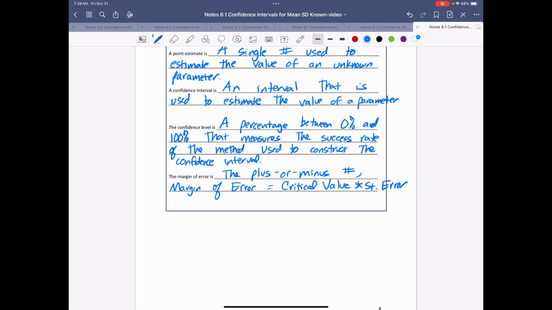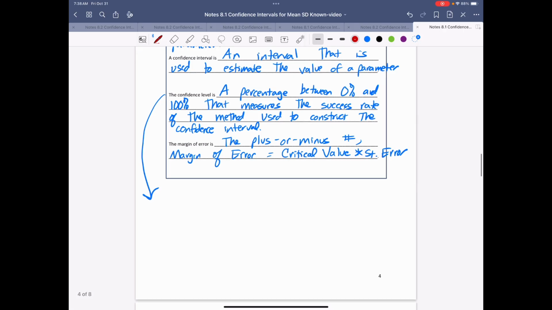Now let's talk about this confidence level again. Say that we all made confidence intervals and we took samples of 50 males at SU and found their average height. And we made intervals that were at a 99% confidence level. So we all made 99% confidence intervals, all of my students and me.